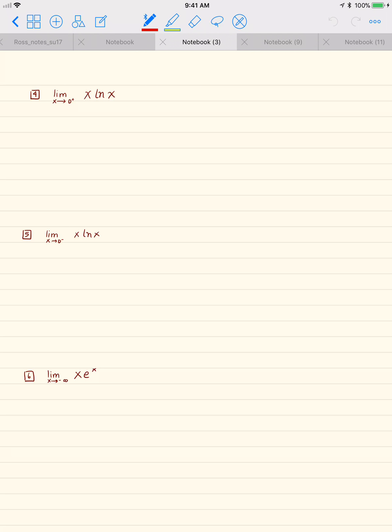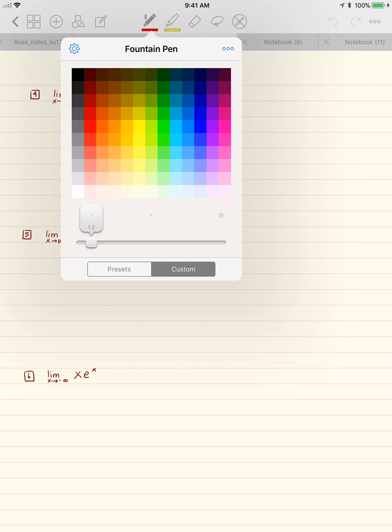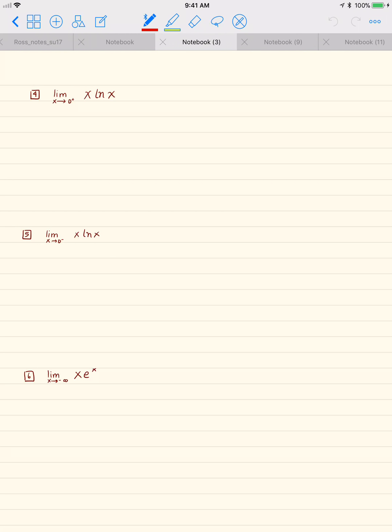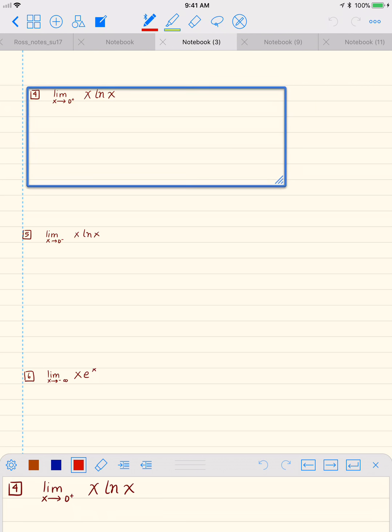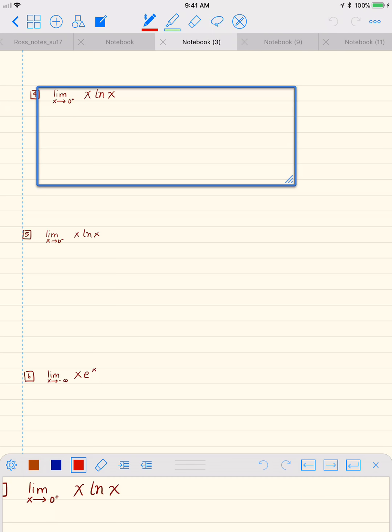Let's look at this fourth one here. So for 4, we've immediately got a problem. So let's look here. Now we want the limit as x goes to 0 from the right. So x is going to be going to 0.